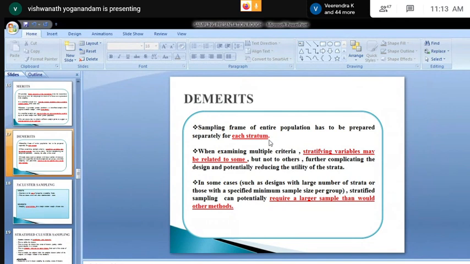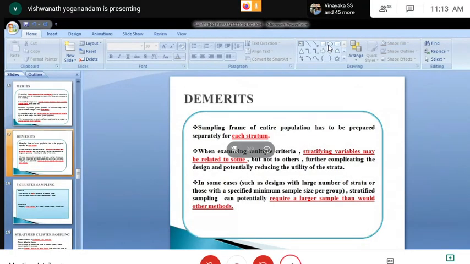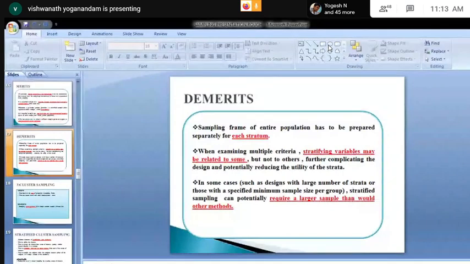The analysis might become complicated, because for example for women and for men there could be mutually exclusive traits, mutually exclusive data. So that will be a problem. And when you use stratified random sampling, the sample size should definitely be larger than simple random.